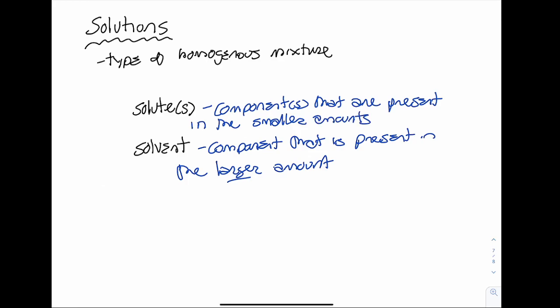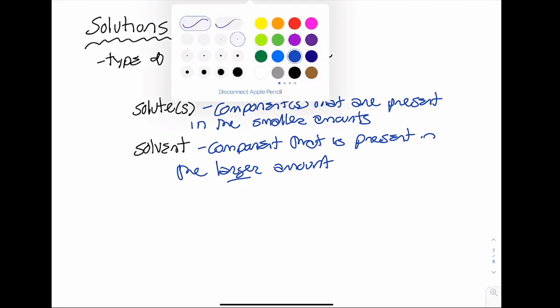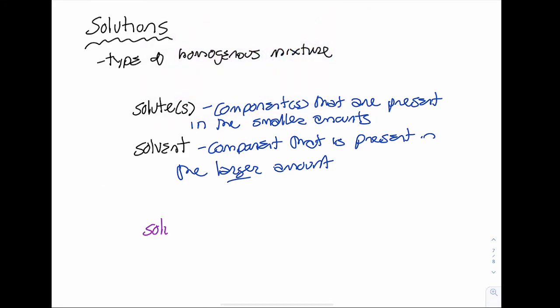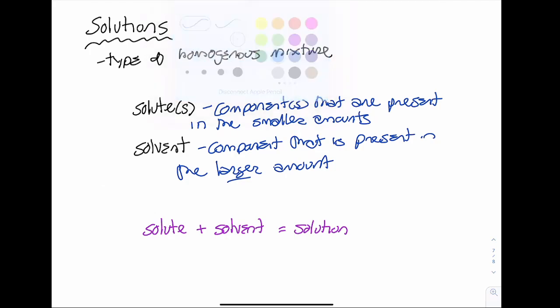So in our Kool-Aid example, the Kool-Aid powder and the sugar are both solutes. My water is my solvent. So if I was to take solute plus solvent, I get my solution. So again, the solution is the total, right? It's made up of two components, the solute, the solvent. We can have more than one solute, only ever one solvent. Solvent is present in the larger amount. My solute is the component present in the smaller amount.